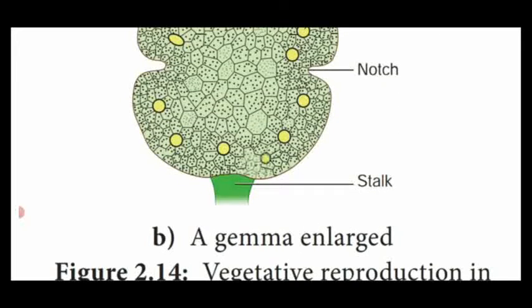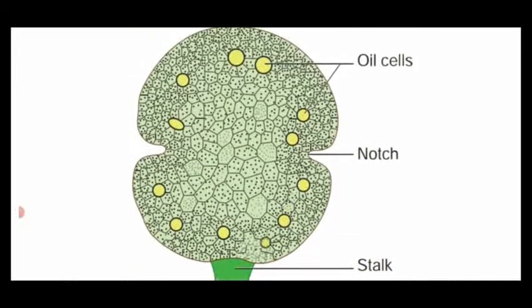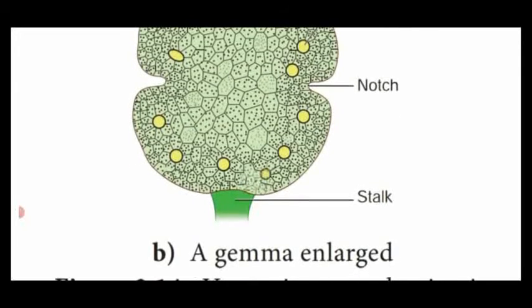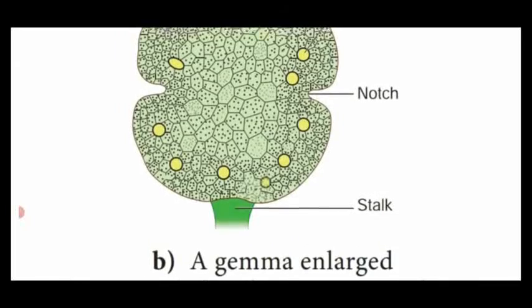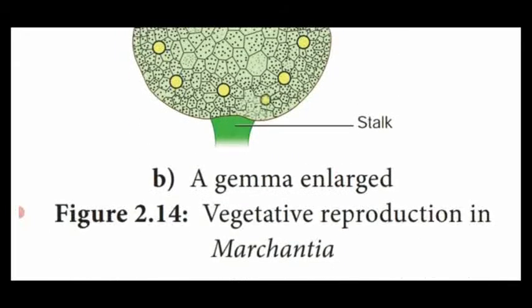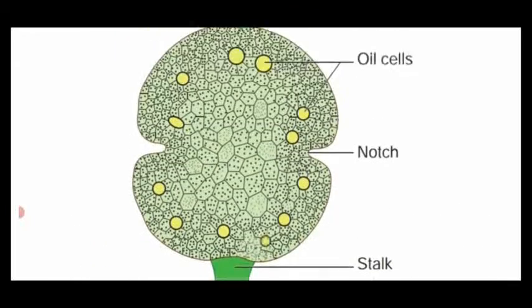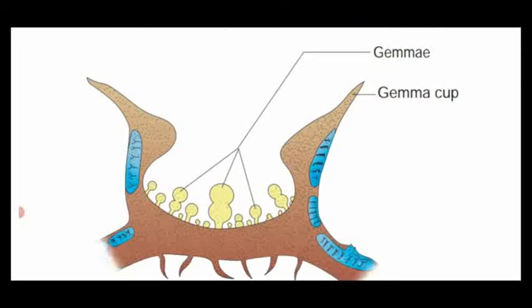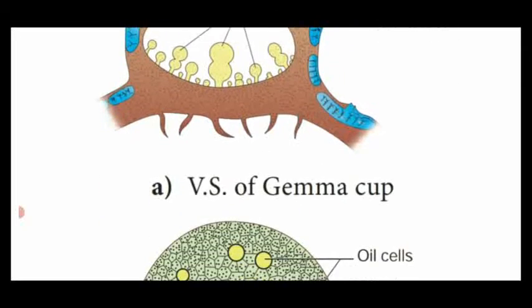A small slender stalk-like portion is also located. On the inner side of the gemma there are stored oil cells. So these gemmae afterwards develop into a new male plant as well as a female plant. So this is said to be vegetative reproduction by gemma cups in Marchantia.